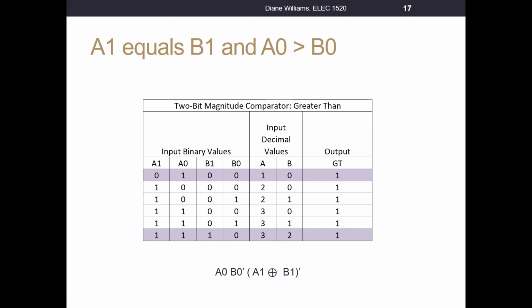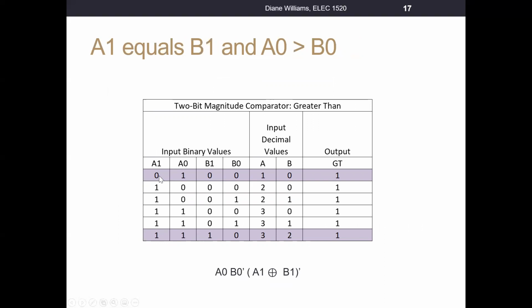But to go back to that truth table that we had, with just these 6 terms when A was greater than B, let's take a look at the case where A1 is equal to B1. So we have 2 cases. Here, A1 is a 0, B1 is a 0. And here A1's a 0, B1's a 0. In every other case, A1 and B1 are different.